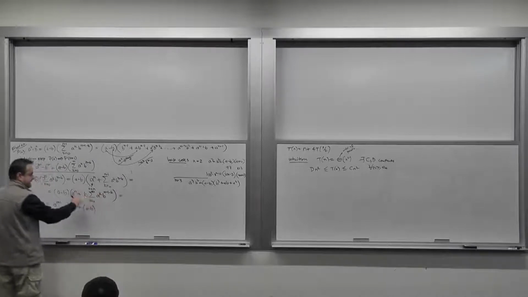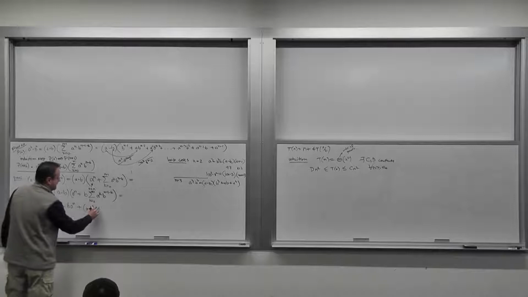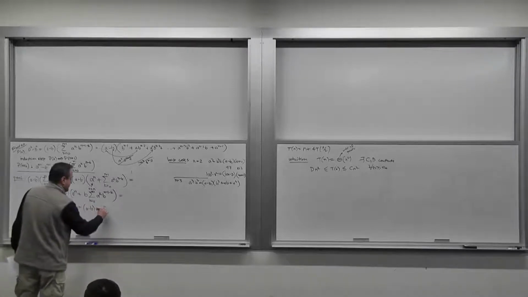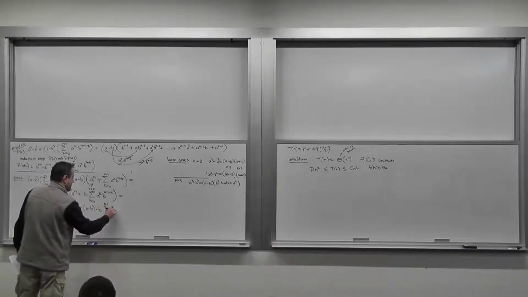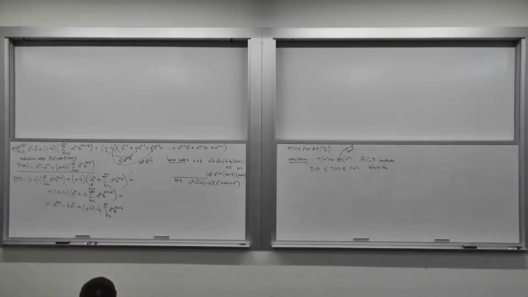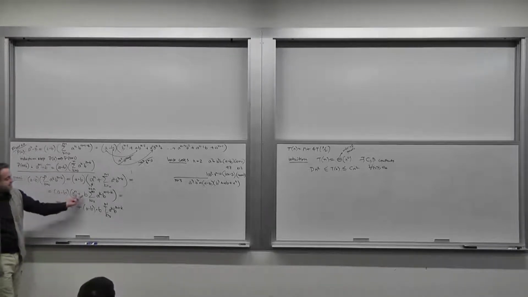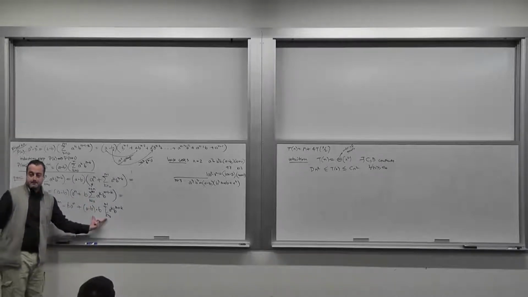For the other term, this sum, I'm going to leave it as it is, a minus b times b times this sum of k equals 0 to n minus 1, a to the k, b to the n minus 1 minus k. Do you follow this? a minus b times a to the n is in here. And then a minus b times this sum is in here.